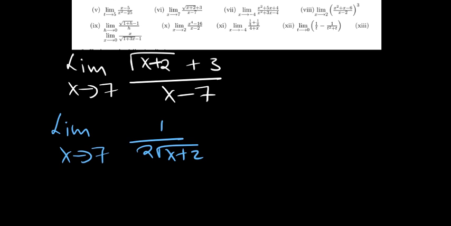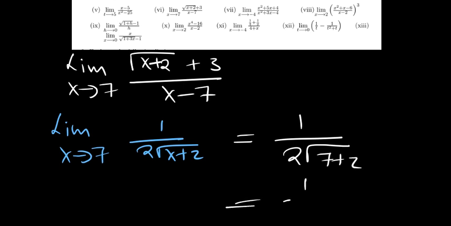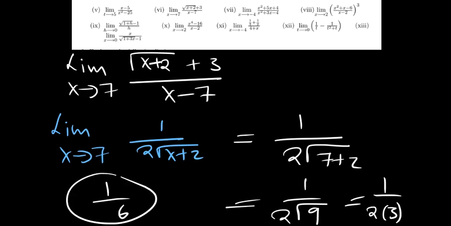So we're going to have 1 over 2 root of, where is x, we put a 7 plus 2. So we have 1 over 2 root of 9. Root of 9 is 3. So 2 times 3, you end up with 1 over 6 as the limit for this beautiful question.